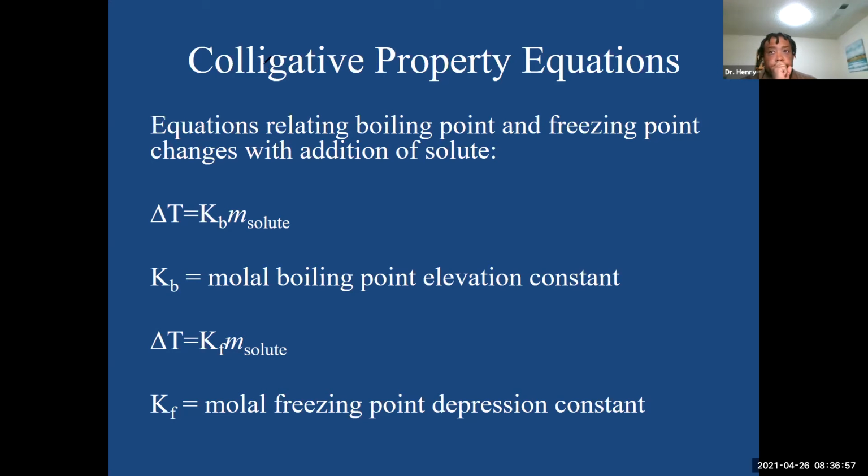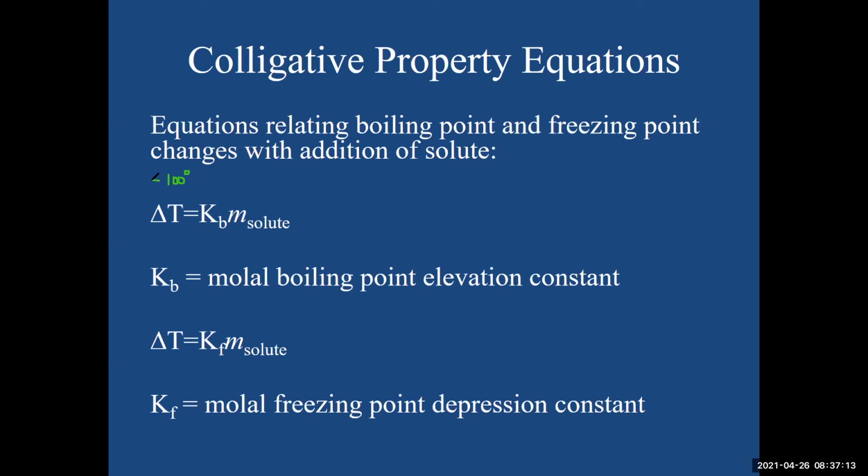For instance, if we're talking about water, what is the boiling point of water? 100 degrees Celsius. So that would be our reference. Then we subtract that from what the boiling point is after we add our solute, because we'd assume it's going to be greater than 100 degrees, because that's typically what happens.